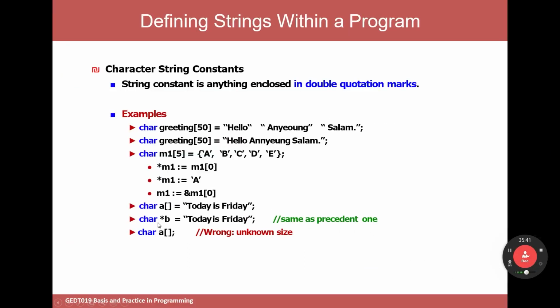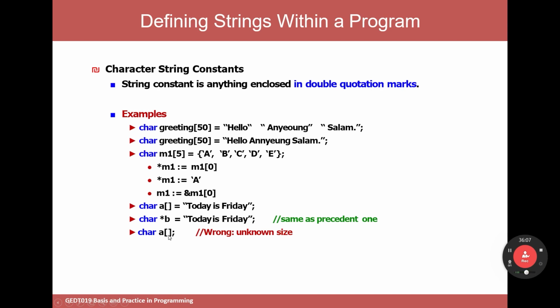Okay, defining the string, we saw this way and this way. So you can define the array in these two ways: pointer notation or array of character notation. But by the way, you cannot define a string without deciding the size of the string if you don't initialize it. If you initialize, then no need for the size of the array or the string.